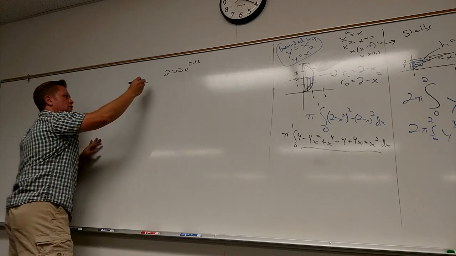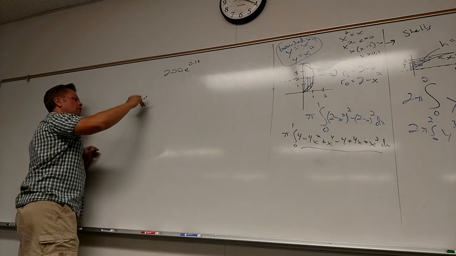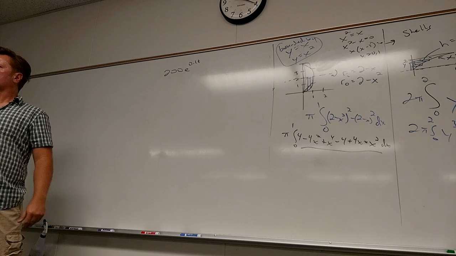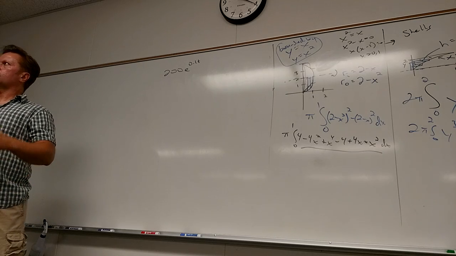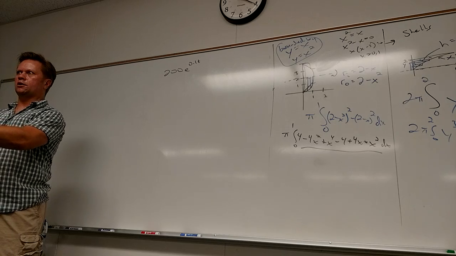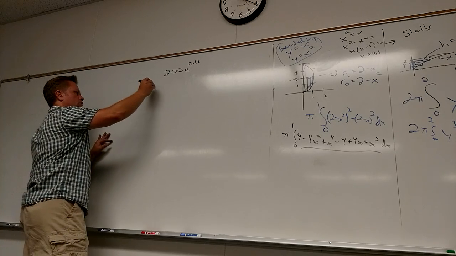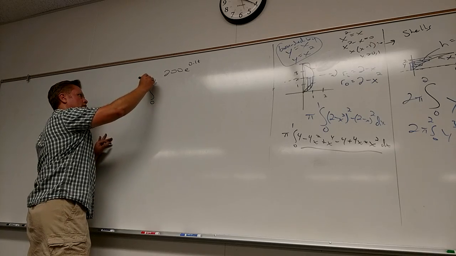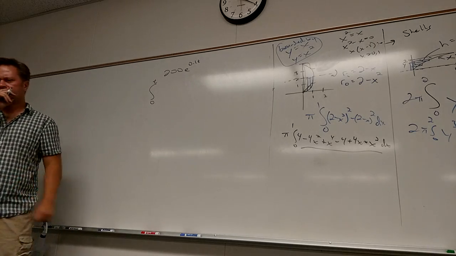So watch. If I want to know how much money I've saved after t years, that means, of course, where does it start? At 0, when I first install the stuff, right? So I'm going to integrate from 0 years up to t years. Or does it say x?